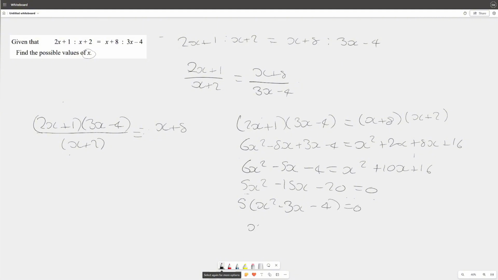I can divide by the 5, and now this is a much easier question. Two numbers that add to make minus 3 and multiply to make minus 4. It's going to be minus 4 and 1, so x minus 4, x plus 1, and so our solution could be x equals 4, x equals minus 1.